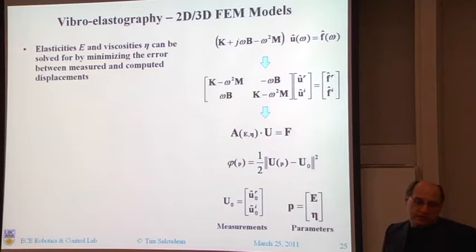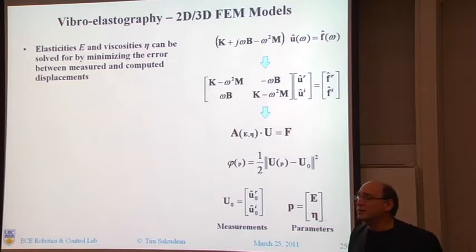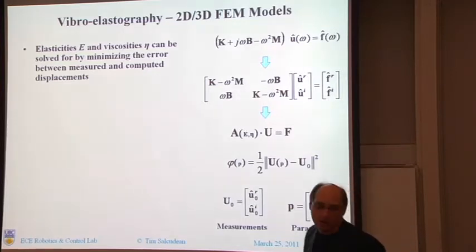Well, it turns out that for those of you who've taken Chris's course, you'll remember that when you do control of a robot, the robot dynamics is linear in parameters. The same thing happens here. Dynamics here can be written in a linear in parameters form.